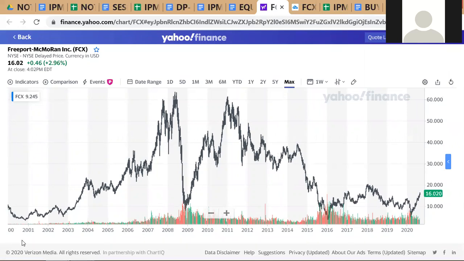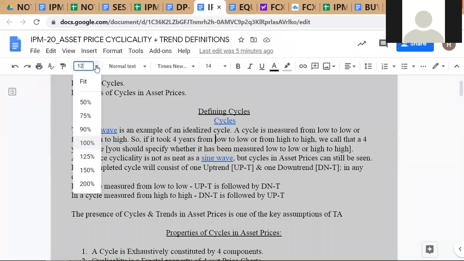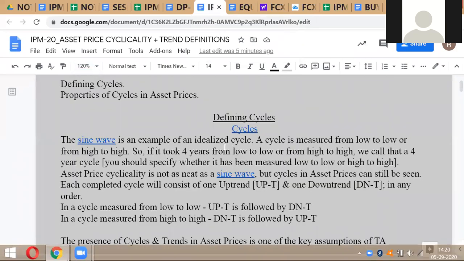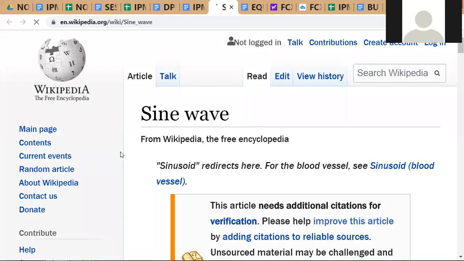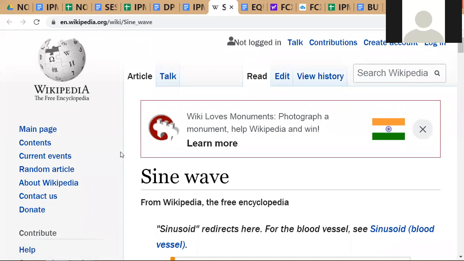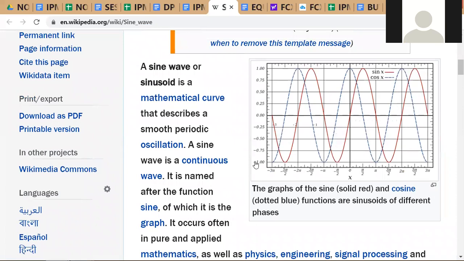A very good example is FCX itself. Everybody knows what a cycle is. If you go to your note on cyclicality, asset price cyclicality, all of you have seen the sine wave. You may remember this from your math class, sine and cosine waves.